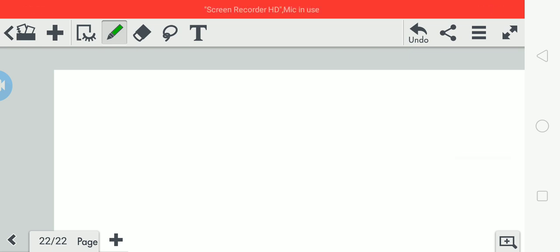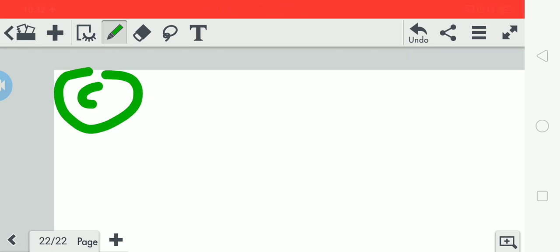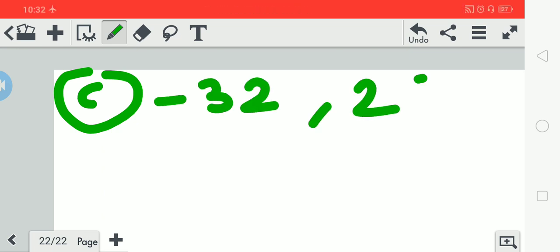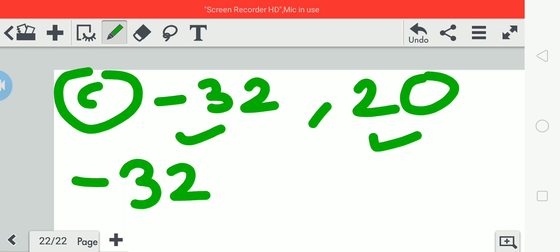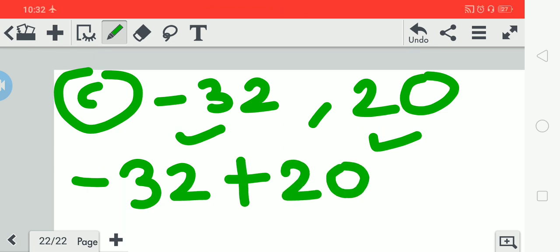Now I will take the C question. B question is similar to A. Now the C question is minus 32 and 20. Now dear friends, here you have to apply the third rule, because one number is negative and one is positive, right? So minus 32 plus 20. I will write a plus sign here because 20 is a positive number.